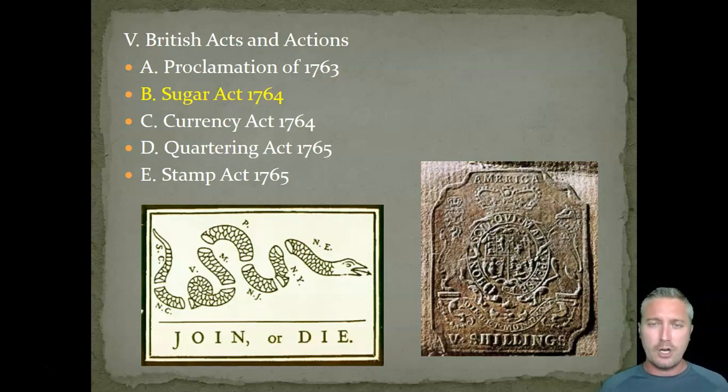The language of the law actually said that the law was for, quote, improving the revenue of this kingdom, and it is just and necessary that a revenue should be raised, for defraying the expenses of defending, protecting, and securing the same. Well, going back to the last point, the American colonists had never had a standing army, and they're really confused as to why, now that the French are gone, they're having to support one.